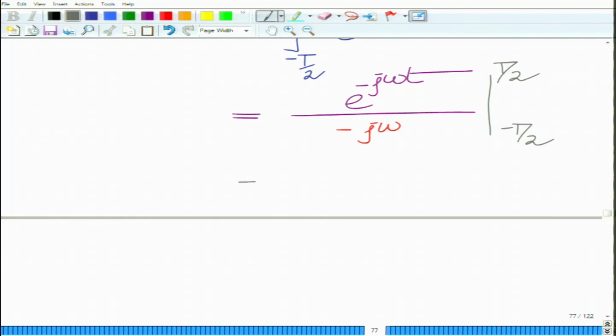So, this is e raised to minus j omega t divided by minus j omega evaluated between the limits minus T by 2 to T by 2.